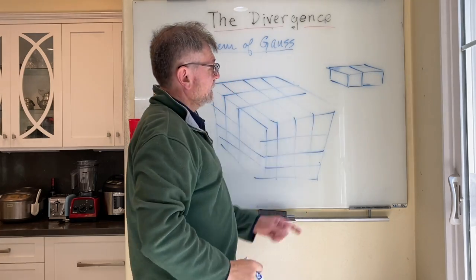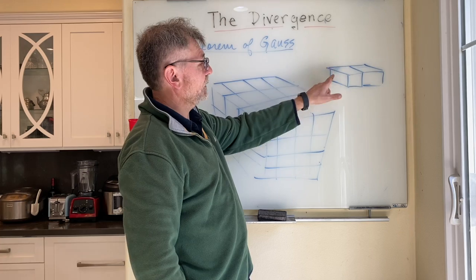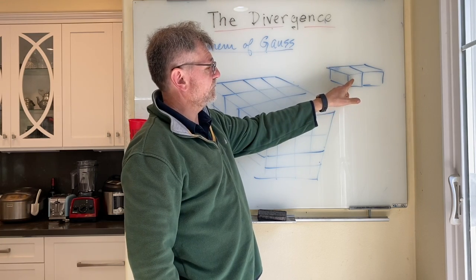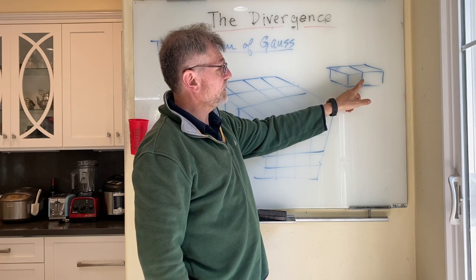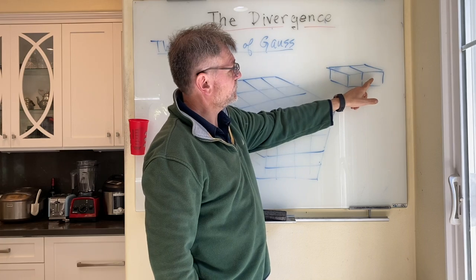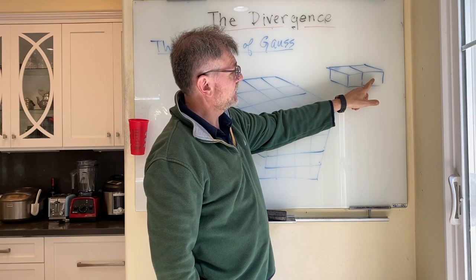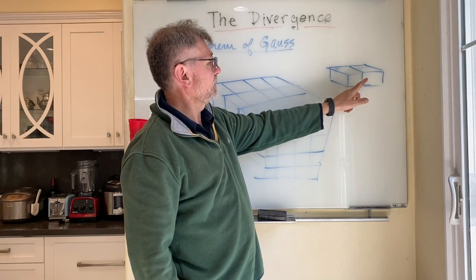When I do the area integral of the outward flux through the surface of this one, I get a contribution from the midface between the two cubes, and what is outward of this one is equal and opposite what is outward of this one, right?